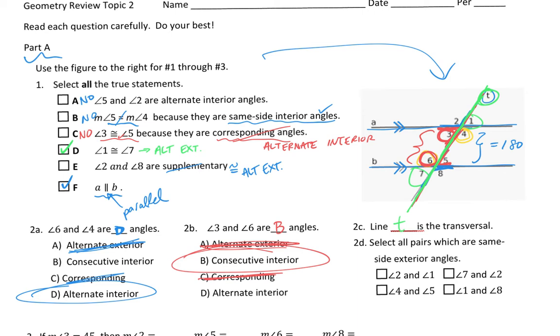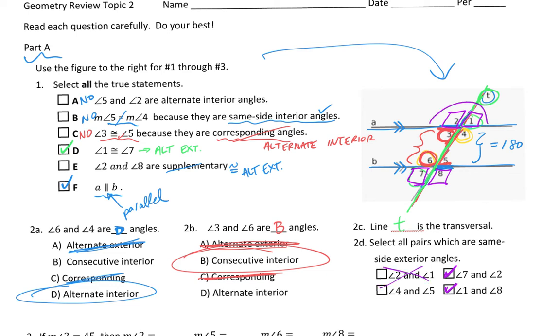The last one says, select all the pairs which are same side exterior angles. On the same side of the transversal and on the exterior would be 2 and 7. And on the other side, we have 1 and 8. Now, 1 and 2, yeah, they're both exteriors, but they're what we call a linear pair.